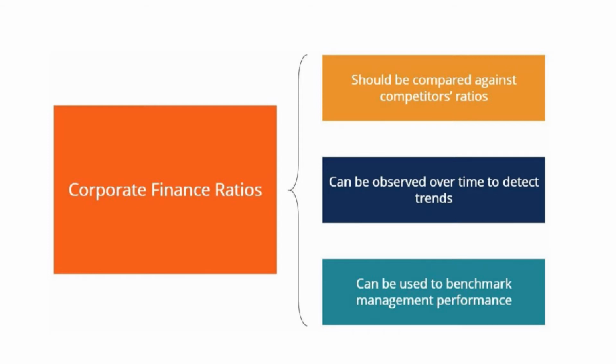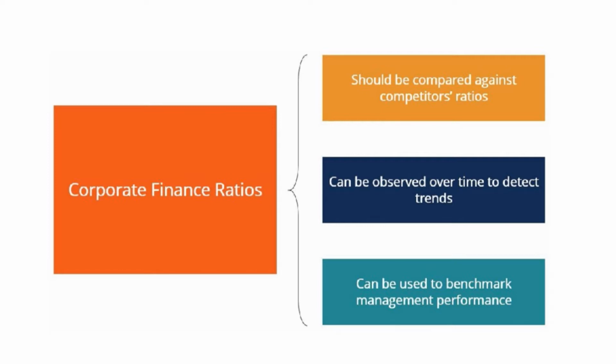Another thing I want you to understand here, and this is something that you really have to pay attention to, and we're showing this on the screen. We have three very important elements that I want to talk about in terms of analyzing the corporate finance ratios. I talked about this a little earlier, but I want to break it down.